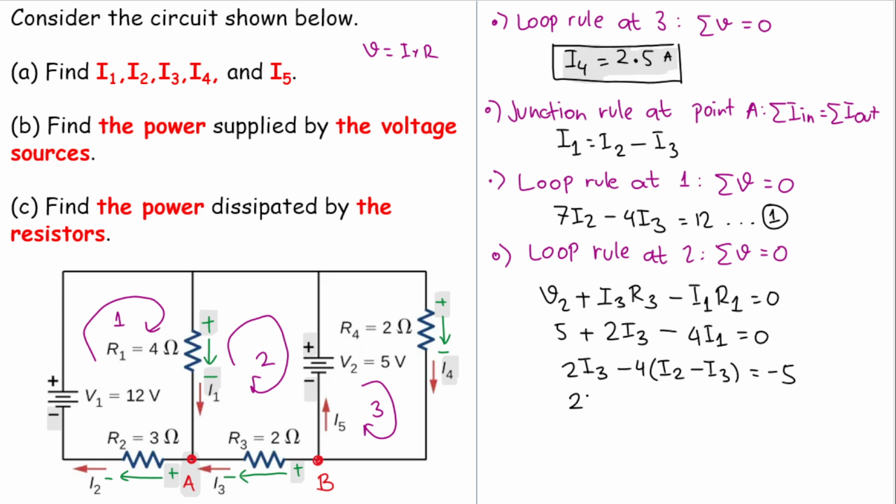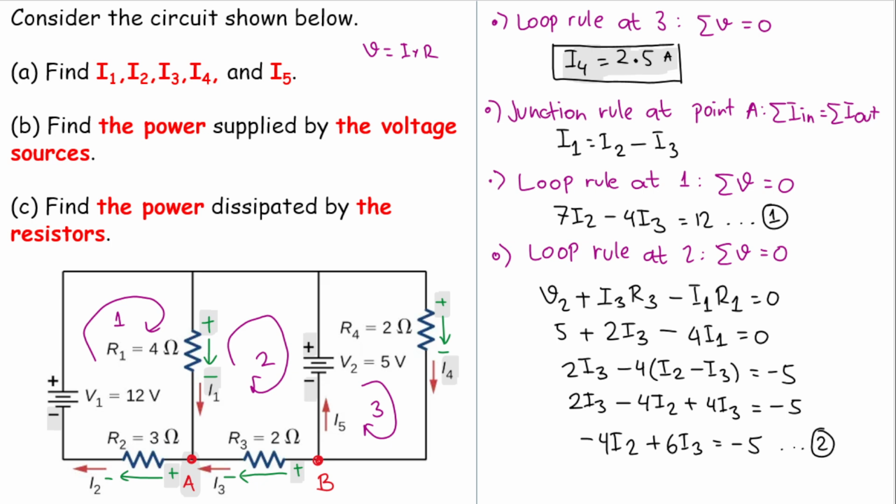So now we will have 2 I3 minus 4 I2 and then plus 4 I3, and that will equal to minus 5. And so we will have minus 4 I2 and then plus 6 I3, and that will equal to minus 5. Okay, now we have equation number 2.